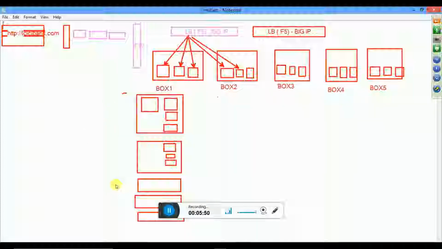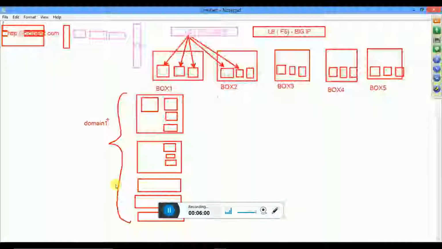These boxes together are forming the first domain. 15 servers, 15 JVMs. One admin, 15 managed servers. Just say all these 15 managed servers are in a cluster. So put these servers also into a cluster. That will sound nice.